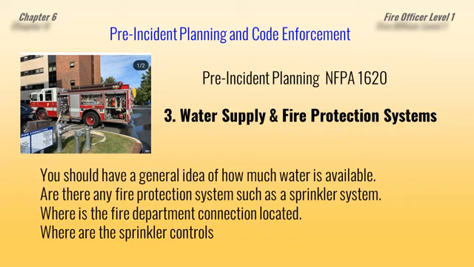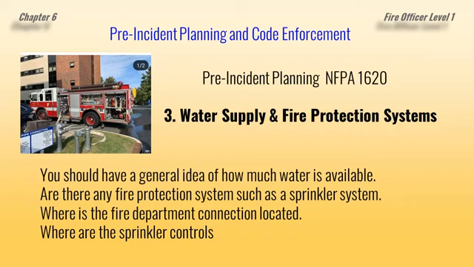We talked about identifying the elements of the building, the entrances and things like that. Well, one of the other things you want to do is look at where the fire department connection is located. Your first 1 or 2 engines may want to stop at the fire department connection in case they have to hook up to the sprinkler or the standpipe system.